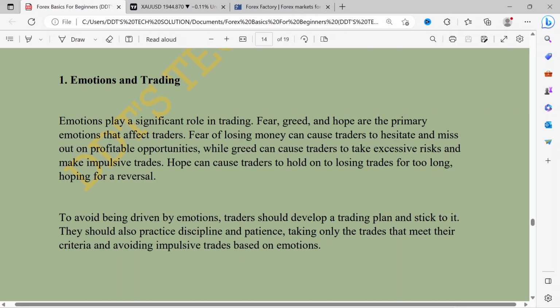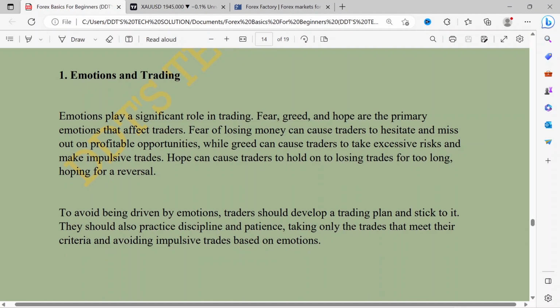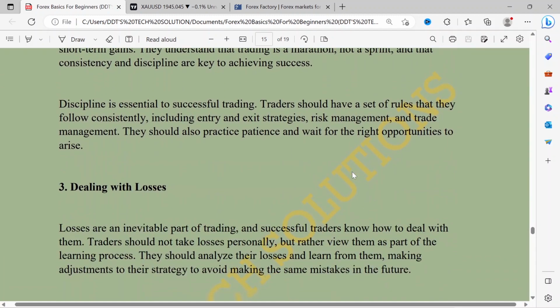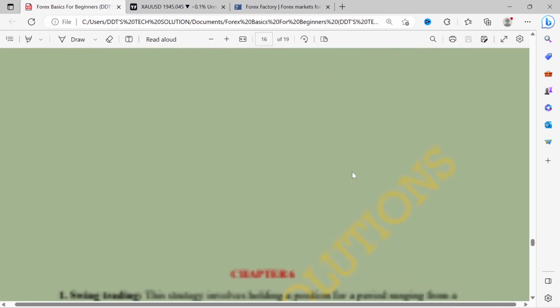But when you start a real account and trading, and your money is at risk, that is when the emotions come. We mostly get these emotions when we are in a position, whether I buy or sell, whether I profit or lose. These are when the emotions come. So you can read more on that.